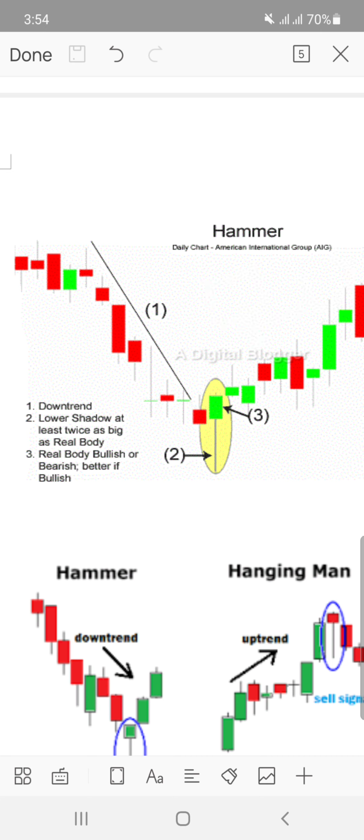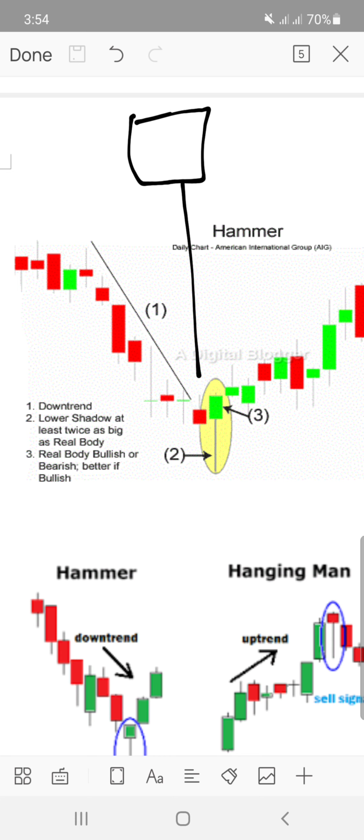So the lower shadow must be at least twice as big as the real body. The color doesn't really matter. Like I said before, color doesn't matter.